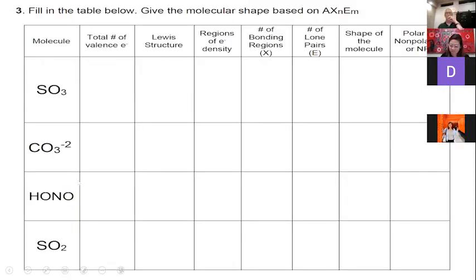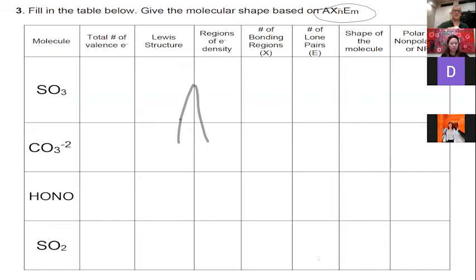So I have a file in Canvas under chapters 3 and 4 that has the rules for molecular shape based on the AXE rules that we went over a couple weeks ago.